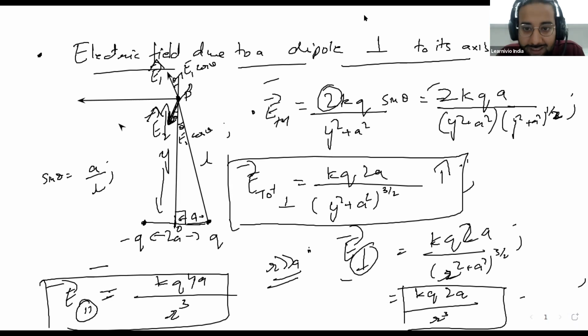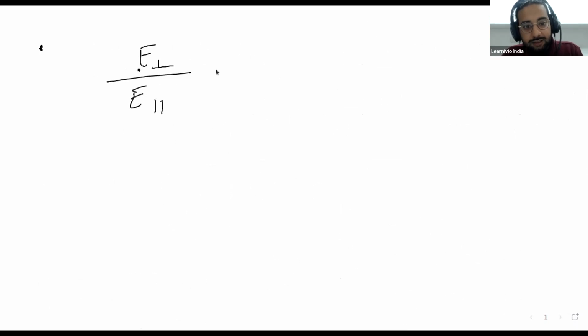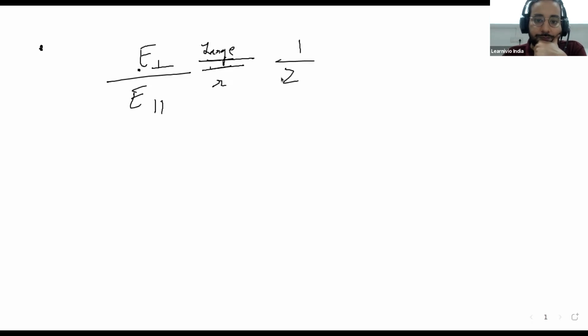And that is essentially one of the strange properties of this electric dipole. So if we have E perpendicular divided by E parallel for large distances, so I'll just write large r, it's just going to be 1 by 2.